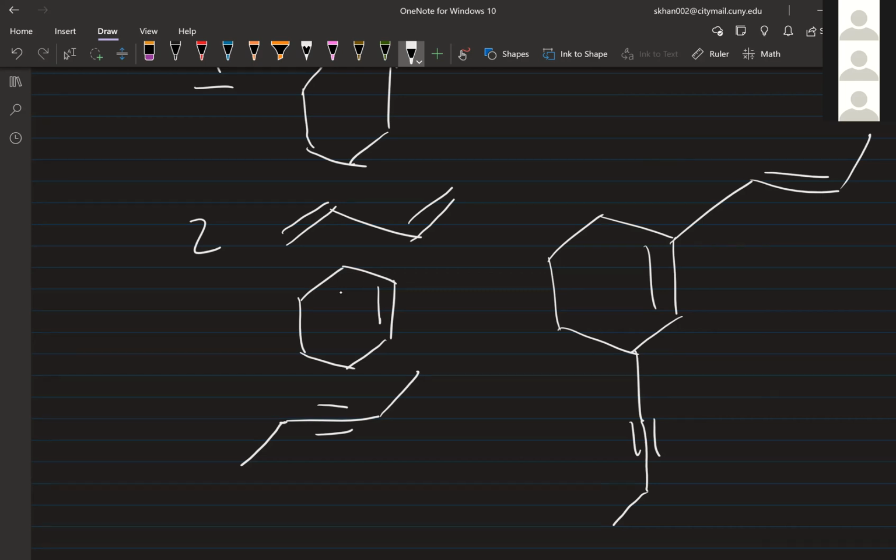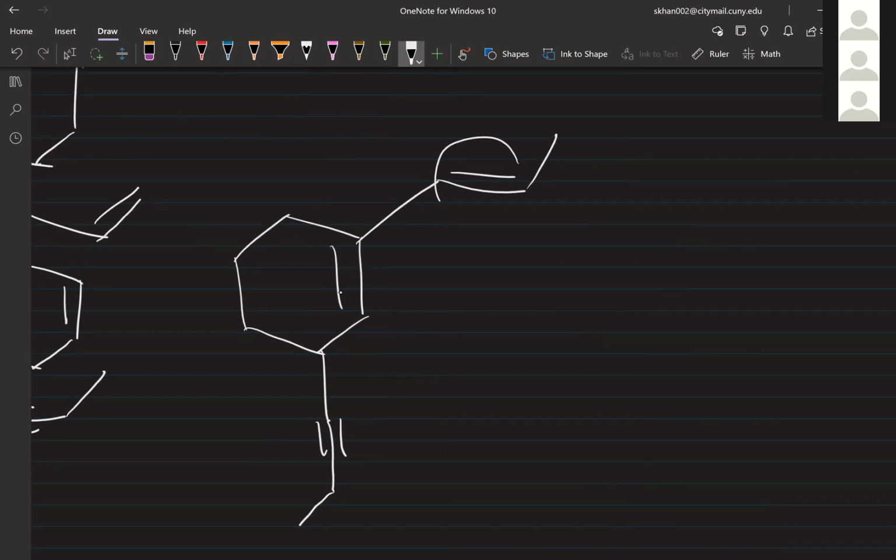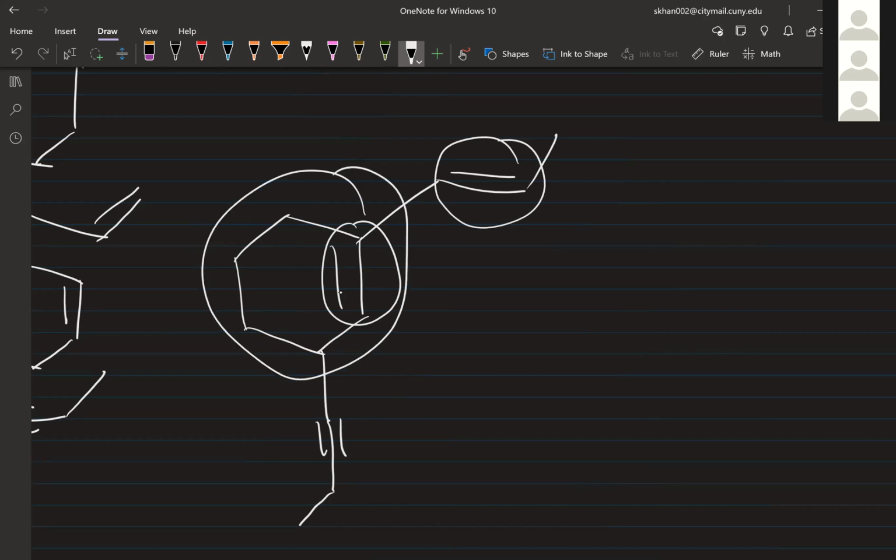Each degree of unsaturation comes from either a ring in a structure or a pi bond. If you add up every degree, you'll get the total degrees of unsaturation. So there's a pi bond here, a pi bond here, and you're close. We have the ring as well. So we have the ring and a pi bond, and then we have 2 here, 1, 1. So we have 5. Remember the ring as well.